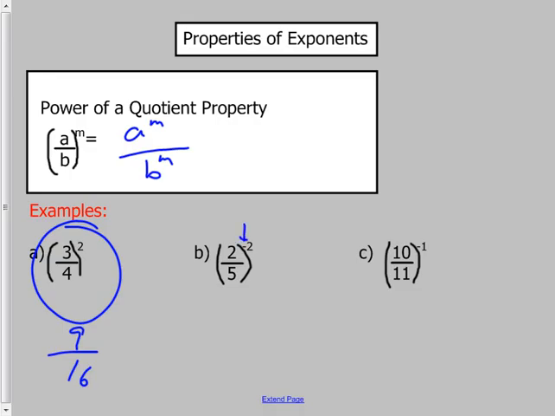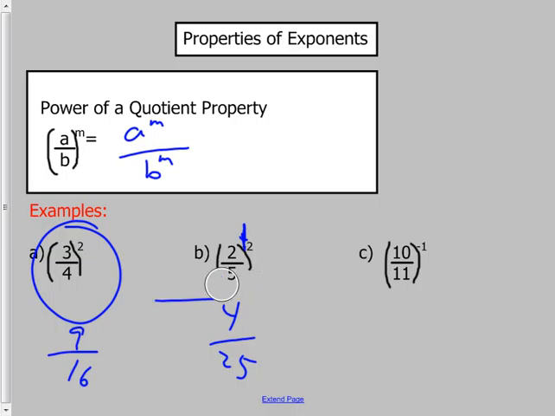This one is a negative. It's kind of sneaky. How about if we ignore the negative for a second, just square both of them, 4 over 25, and then what does that negative mean again? Flip it. Yes, it means 1 over it. But when I have a negative exponent, I flip this over. If I had put 1 over all of this, it would do the same thing. It would flip it.